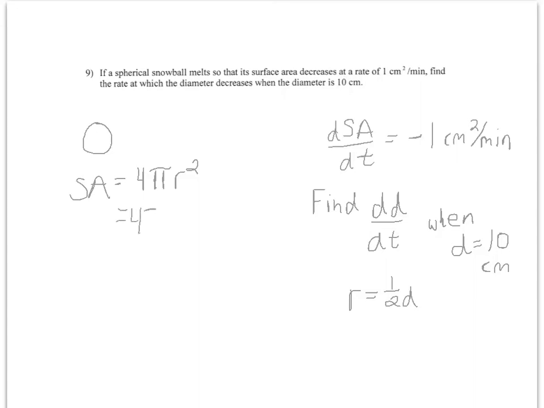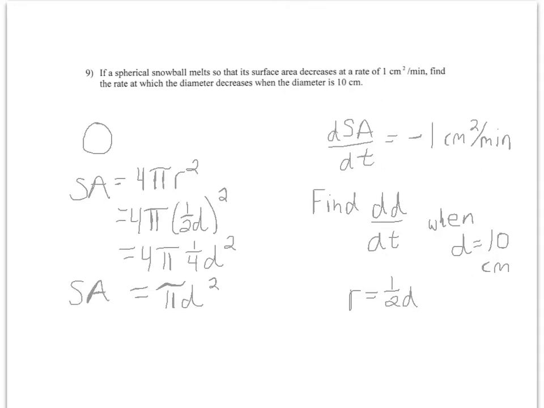So we get 4 pi times 1/2 d squared. And if we simplify that, we get 4 pi times 1/4 d squared, and that just simplifies to pi d squared.